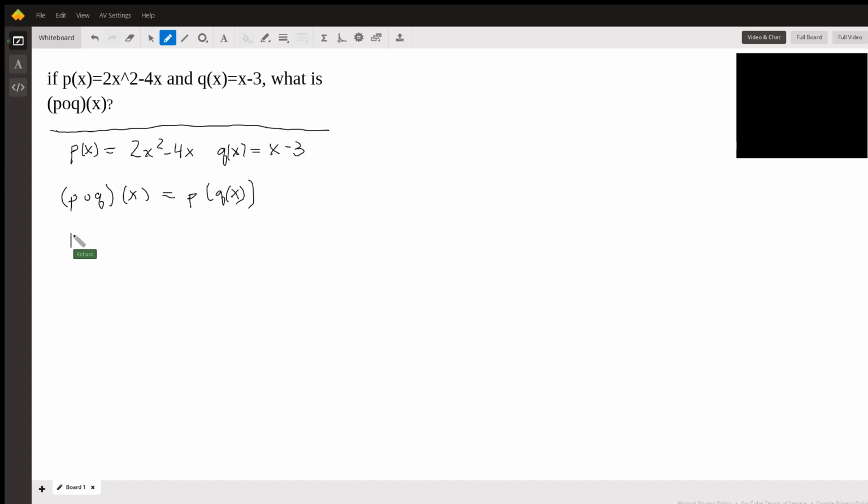If they said P with a filled circle Q of X, that implies multiplication. So that would be P of X times Q of X with a closed dot. But here they're asking for a composite. So let's go ahead and do this one.